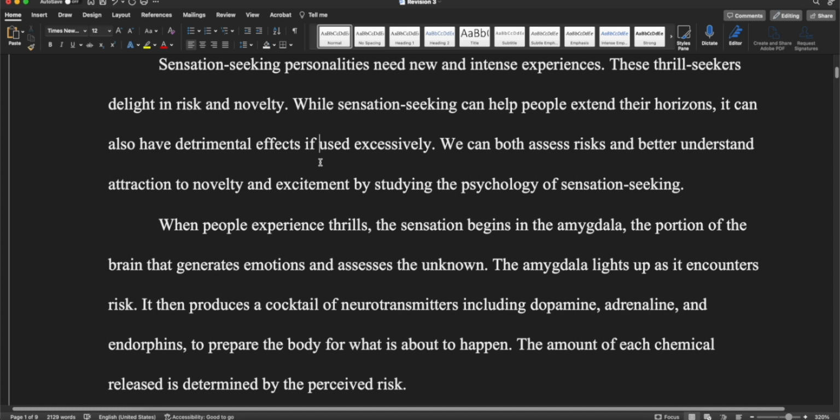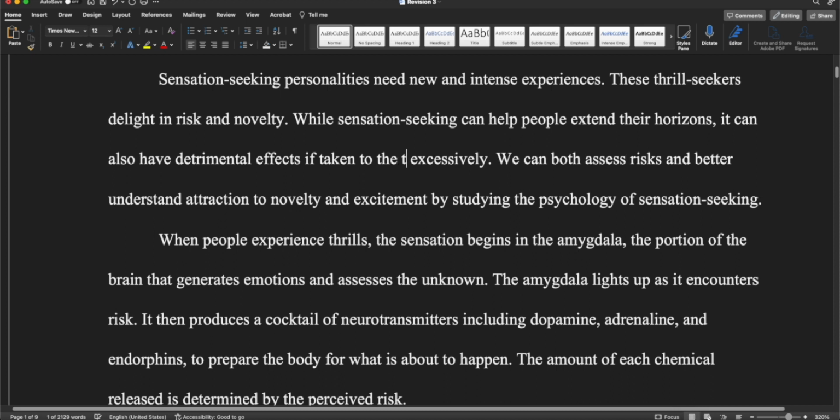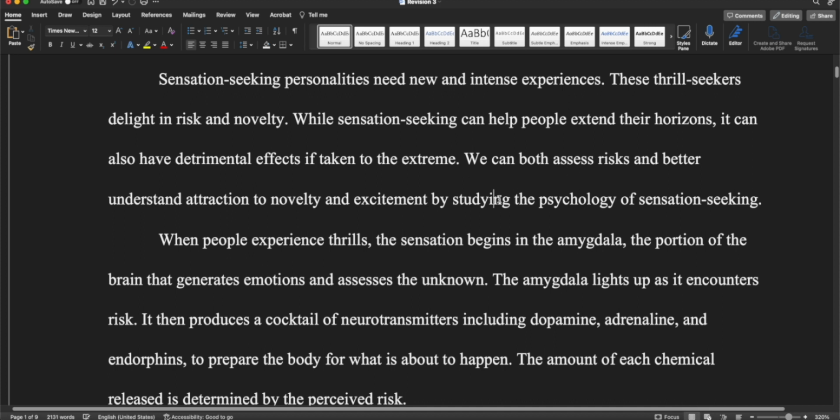Okay, so I know from scanning the paper earlier that a lot of this is going to be about what goes on in the brain, right? And from what this is saying initially, we have this sentence: while sensation seeking can help people extend their horizons, it can also have detrimental effects if used excessively. I think "taken to the extreme" might be a more semantically accurate way of phrasing that. We don't use sensation seeking. We are sensation seekers.